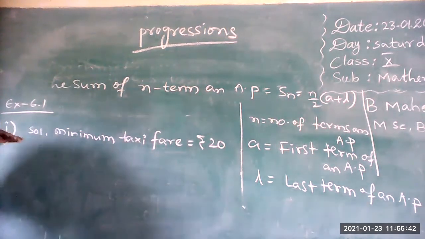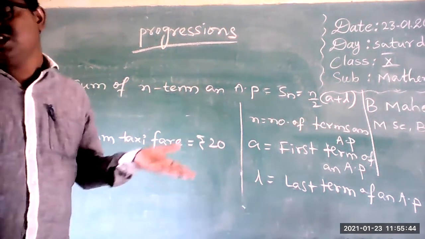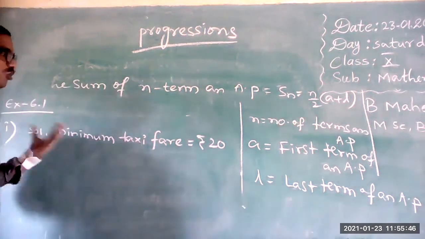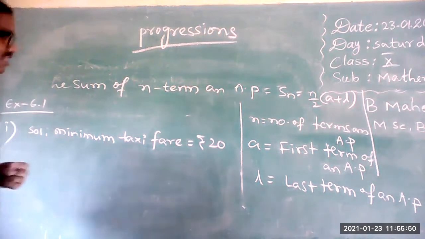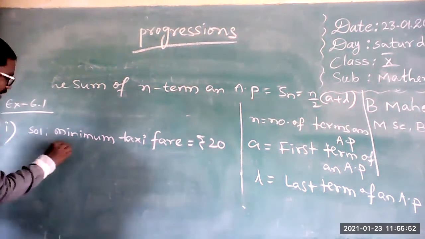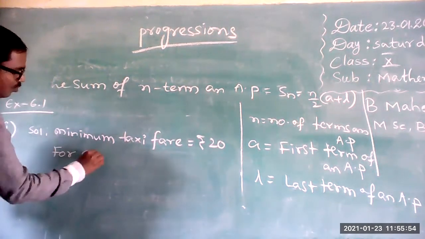So for each kilometer the taxi goes, the price will increase. As kilometers, the distance, increase, the price also increases. How much? 8 rupees for each kilometer.